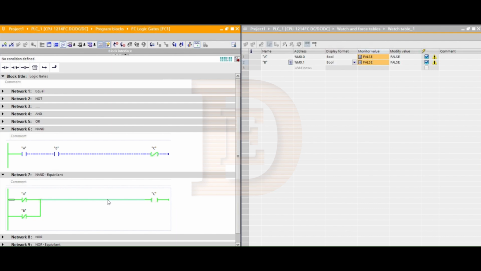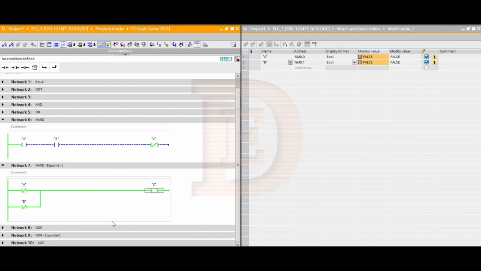That's the only thing. So if they're in parallel, they will be in series, and we negate the signals. So C will be true, the normal output, not the negated output, the normal output to C. A and B will be negated, and instead of series, they will be in parallel. And this is where we say not A or not B equals C.